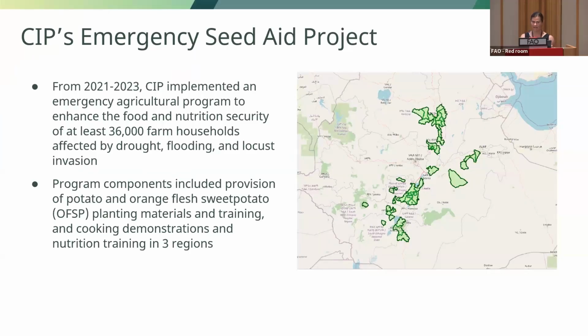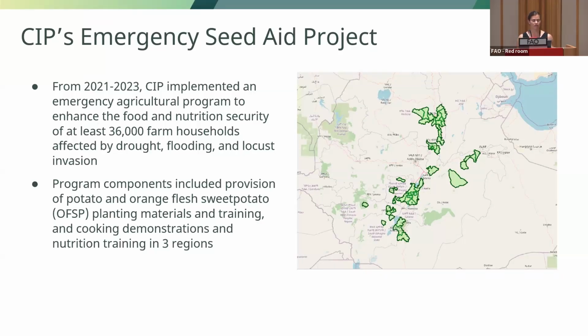So, as I said, this was an emergency seed aid project. It was funded by BHA, and it was through the ERIE Consortium, which stood for Expanding the Reach of Impact Evaluations. It was focused on how we do retrospective evaluations specifically for humanitarian projects that often are not designed to have a rigorous impact evaluation. So this was supposed to be a short-term project.